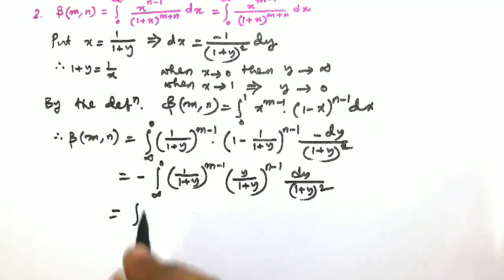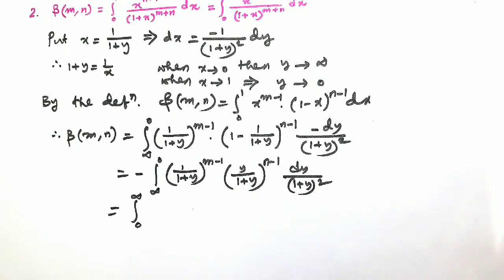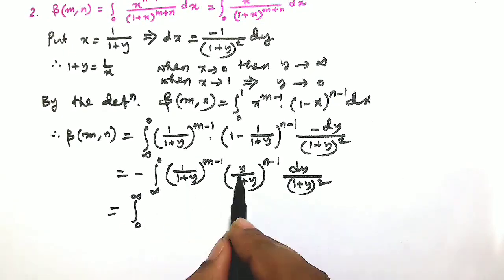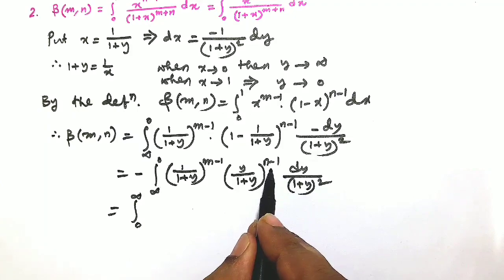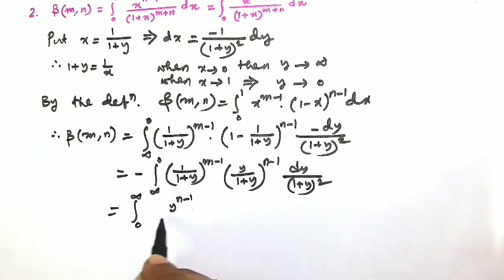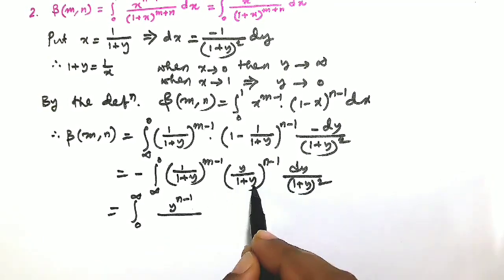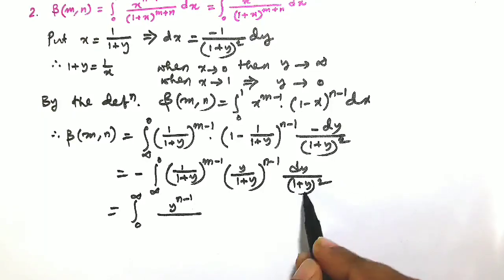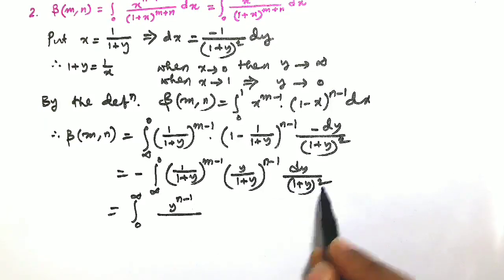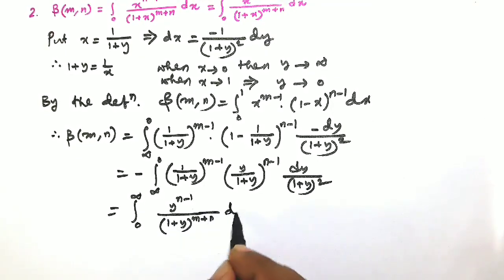We just change the limits, 0 to infinity. Okay, we know this one, in 0 to infinity, y to the power n minus 1 upon (1 plus y) whole to the power m minus 1, here (1 plus y) whole to the power n minus 1, and here (1 plus y) whole square. Ultimately it will be (1 plus y) whole to the power m plus n dy.